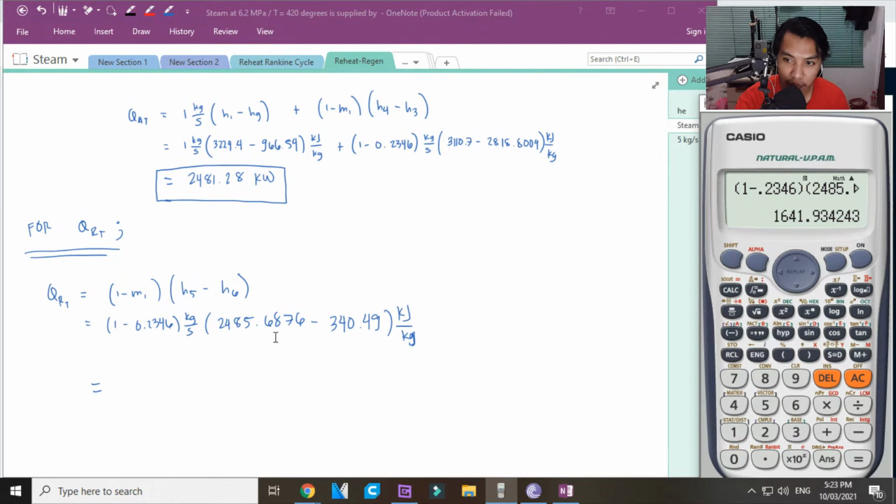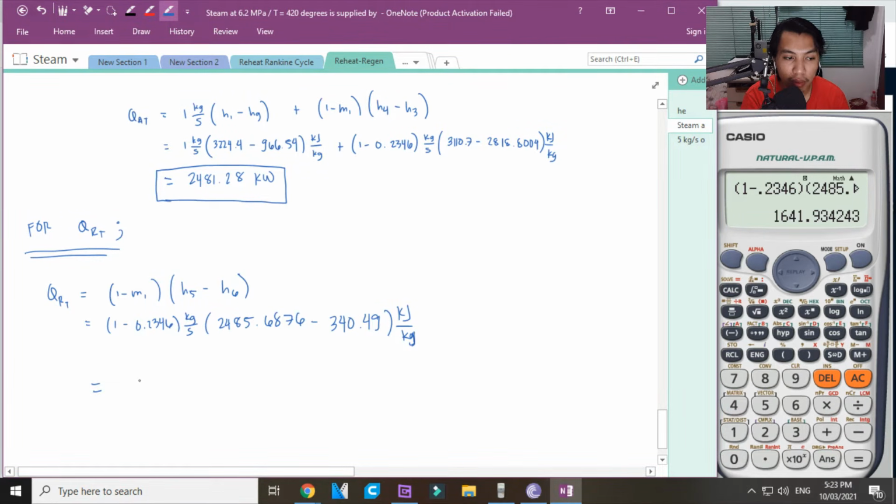So that is 1641.9342, 93 na lang kilowatts. That is QR.